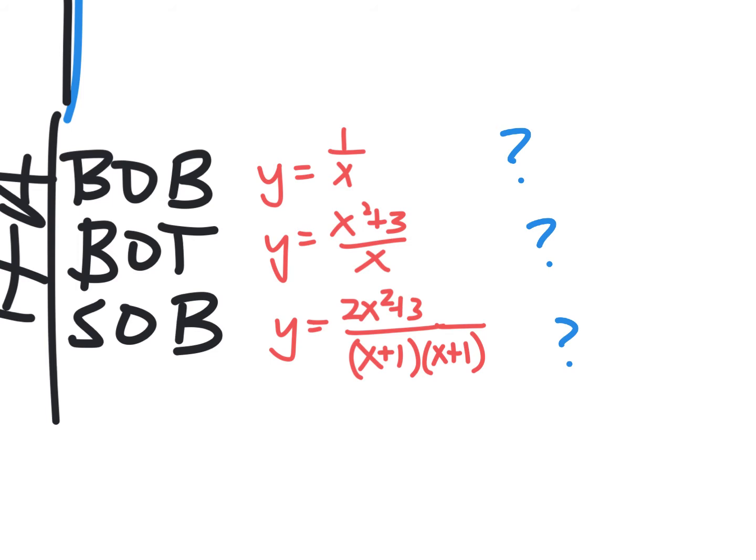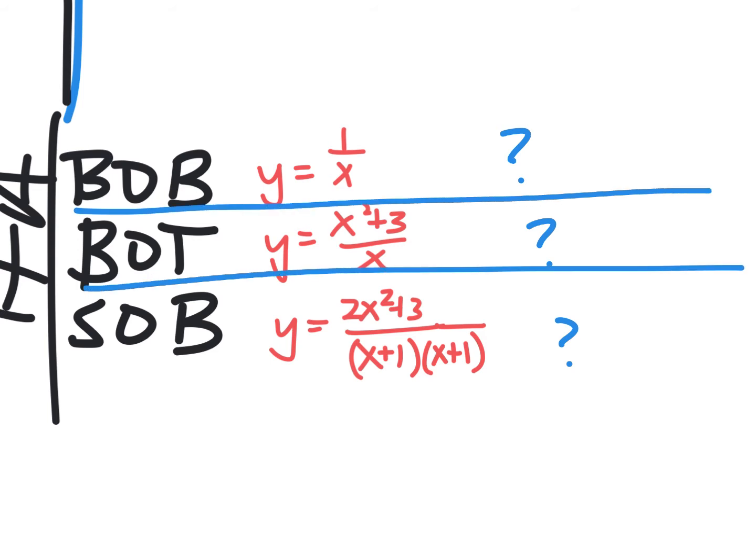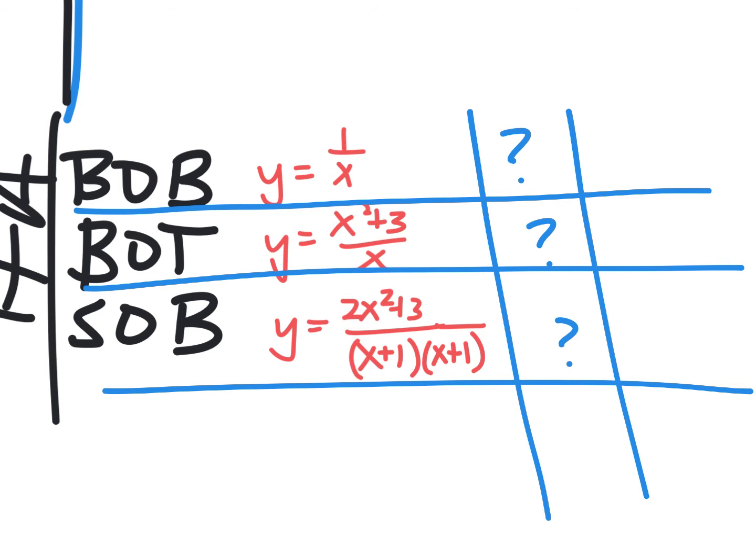I'm going to add one more thing, and that's I want you to also tell me what the vertical asymptote is. There can be multiple. I'll make these the red question marks. What are the vertical asymptotes for each of those 3 functions?